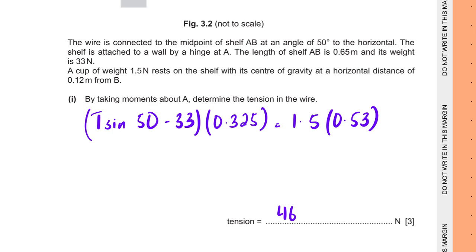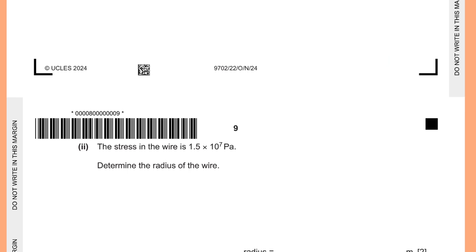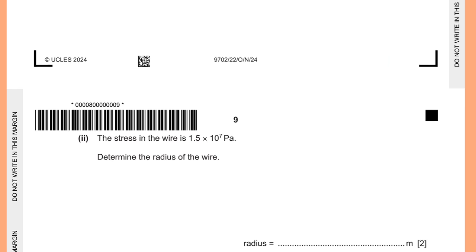Again, I'm not doing this in whole, just to speed this up right now. Stress in the wire is given, you need to find the radius. Stress is defined as the force acting perpendicular to the cross-sectional area, so force per unit cross-sectional area. A is pi r squared, so that's F over pi r squared, because it has a circular cross-section. I need r, so that's the root of F over sigma pi.